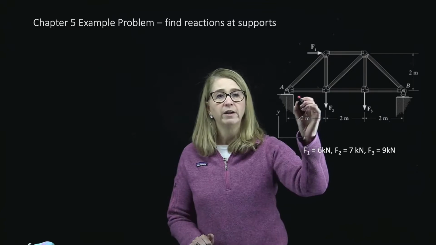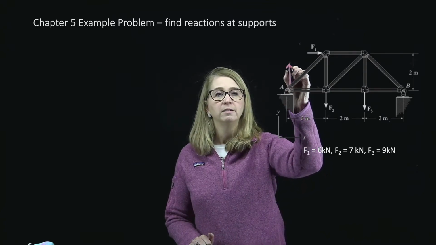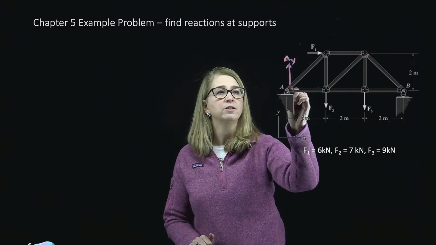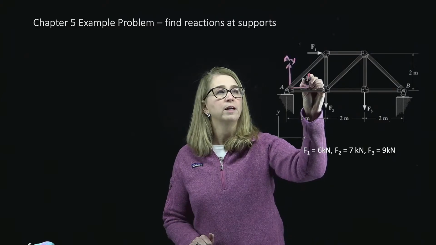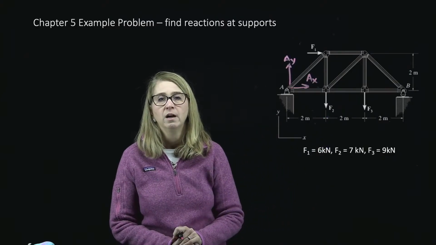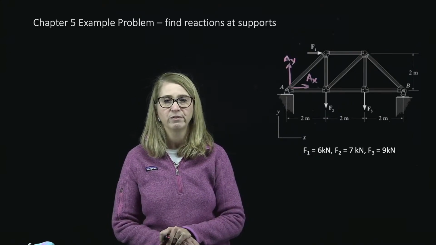Okay, so if I go to point A, right here, it's a little offset, but I have a support reaction AY that's vertical and a support reaction AX, and I'm going to draw it to the right. I choose not to really spend a lot of time thinking about the direction of my support reactions.